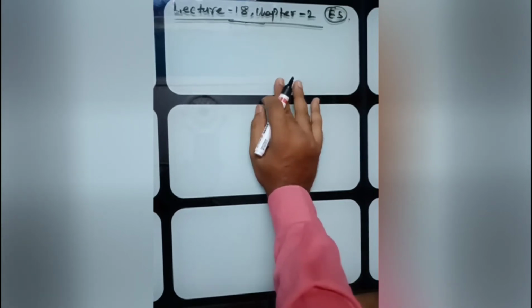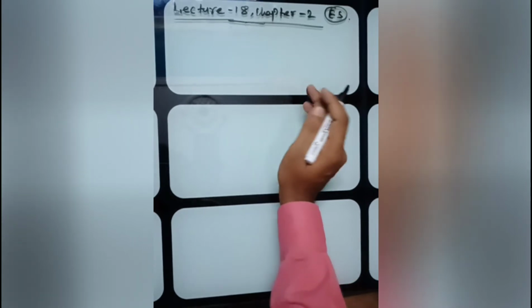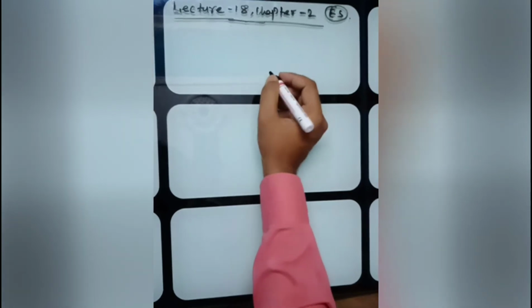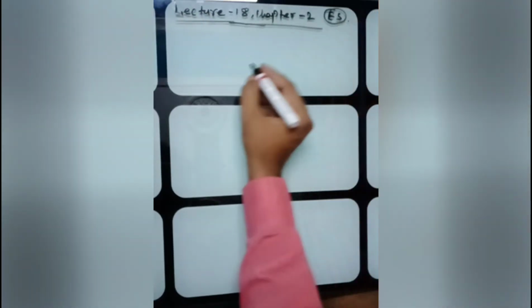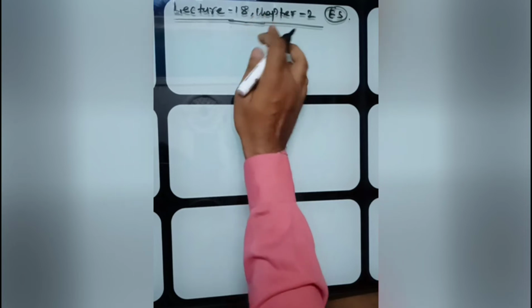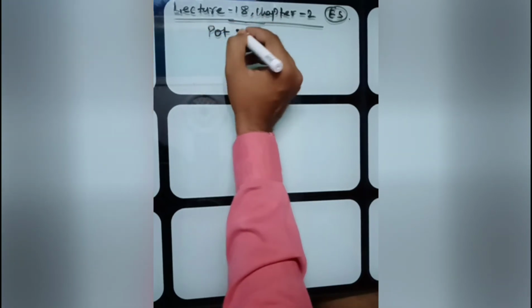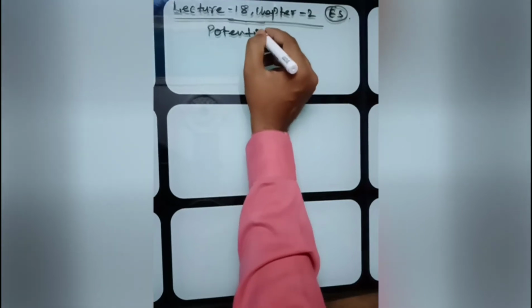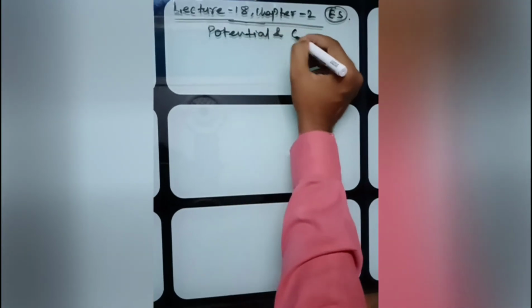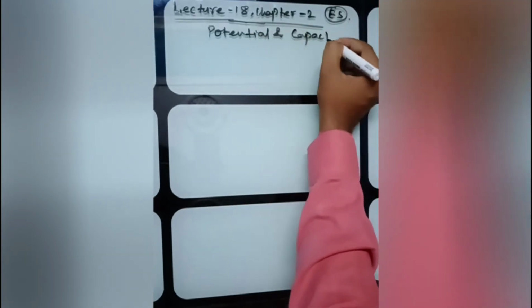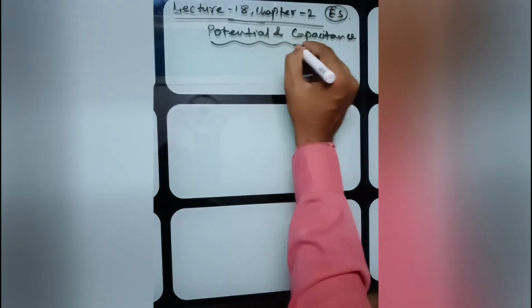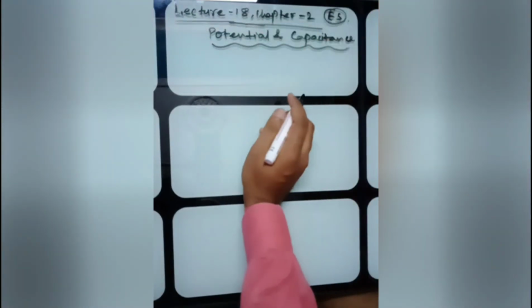We can solve number of questions that is important for the competition also, but we will focus ourselves over the NCERT first. Now this chapter is called, of course in electrostatics, potential and capacitance. Okay, my dear student.